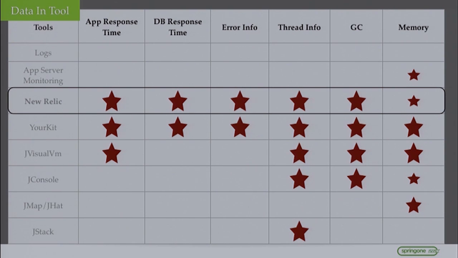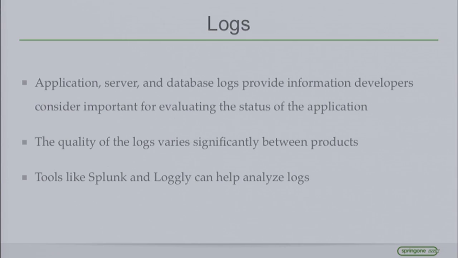So we could at this point go add an index, and here we'll add database response time, a star for that. But I'd like to show you another tool first, and this is logging, right? There's a variety of logs out there for you to look at. There's your application logs, your application server logs, and your database logs, and sometimes frameworks themselves will have their own logs too.